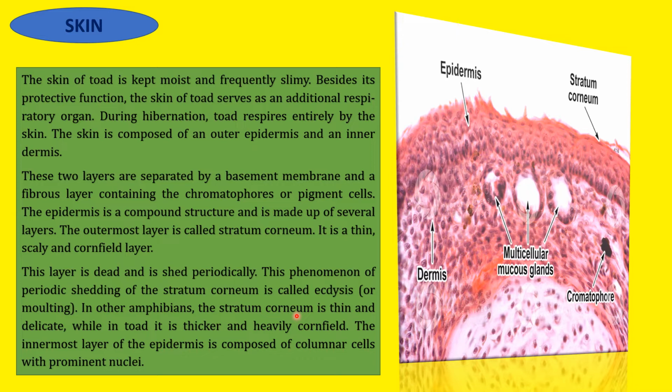In other amphibians, the stratum corneum is thin and delicate, while in toad it is thicker and heavily corn-filled. Maybe you are a little confused because in the previous paragraph it was said to be thin. Yes, in toad also it is thin, but it is thinner than the epidermis. But it is thicker than the stratum corneum of other amphibians. Hope you have understood.